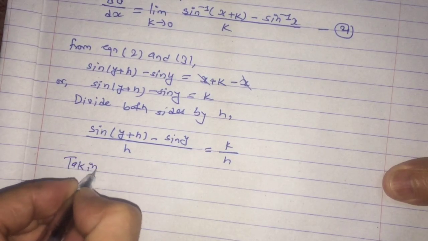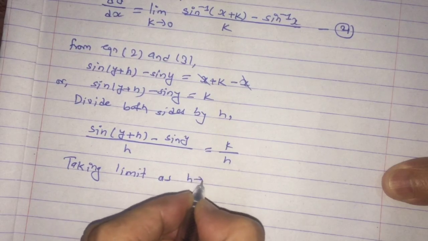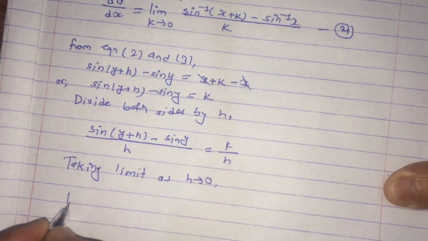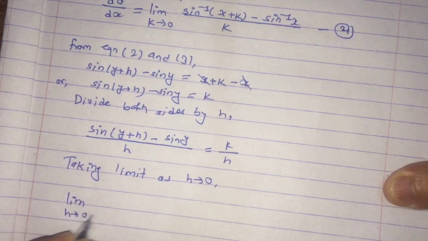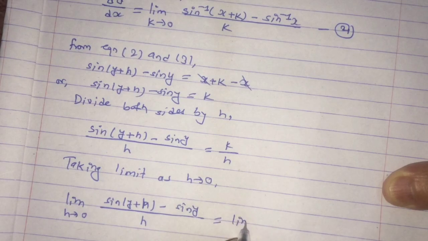Now taking limit as h tends to 0, we have limit h tends to 0 of sine of y plus h minus sine y, whole divided by h, is equal to limit h tends to 0 of k divided by h.